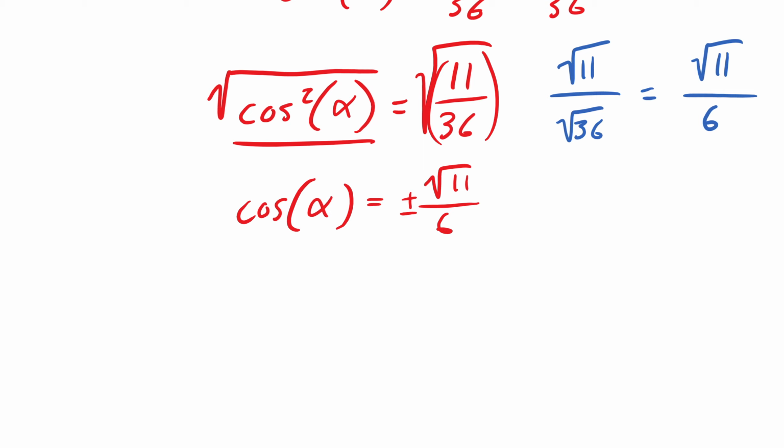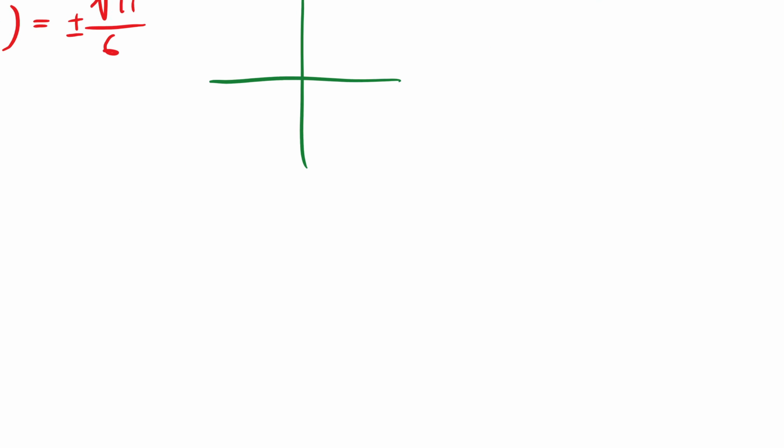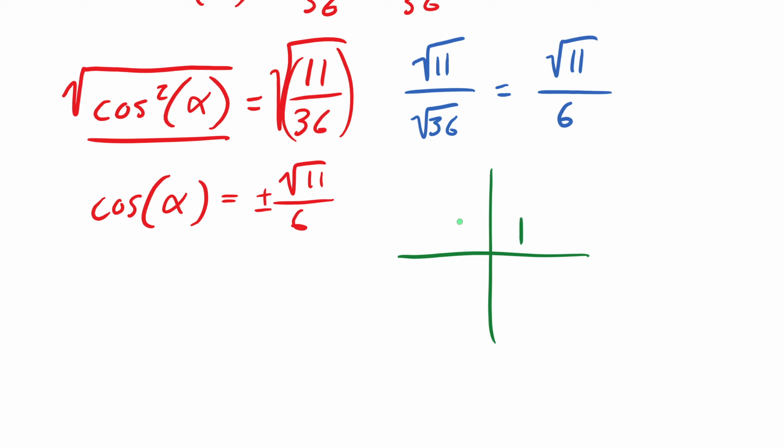If we draw a little quadrant square, alpha is going to be in quadrant 1. Because it's cosine, we know that in these coordinates it's going to be cosine, sine, or x, y.